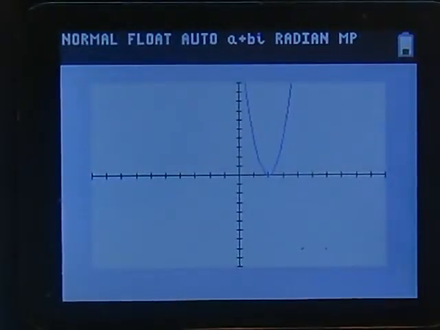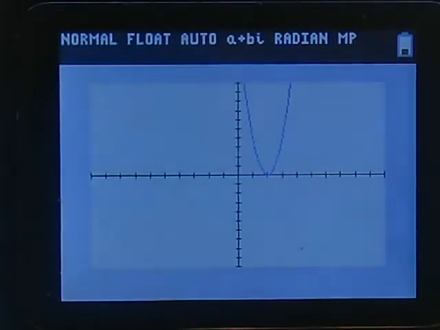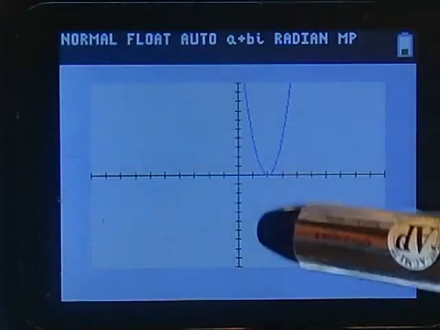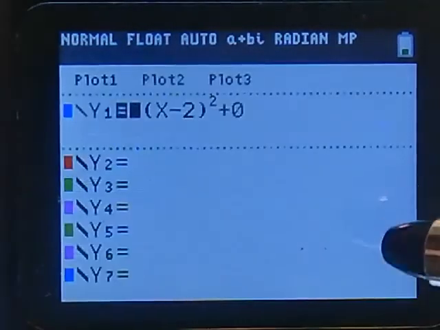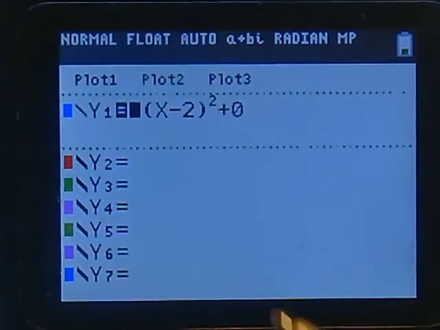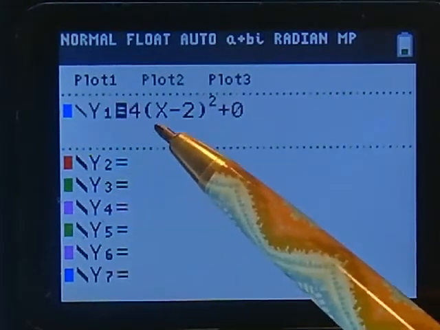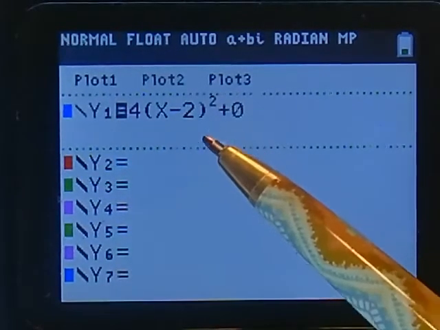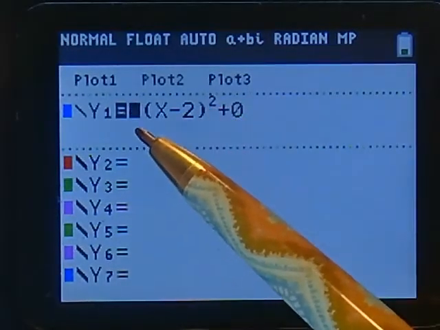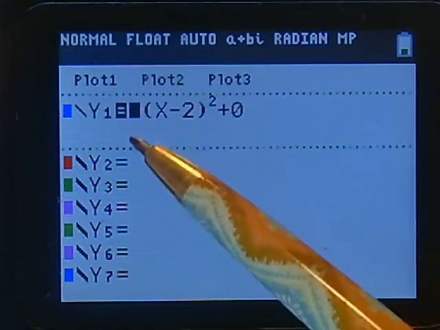Remember that whatever we do after the prevailing operation affects the graph vertically. And so let's take a look here again. As you look at this, once again, you can see that this 4 is being multiplied times this after the prevailing operation, which is the squaring. So the 4 is going to stretch it vertically.